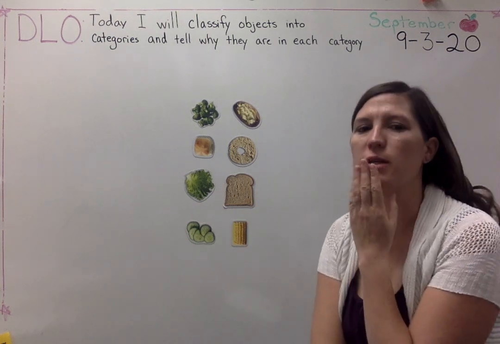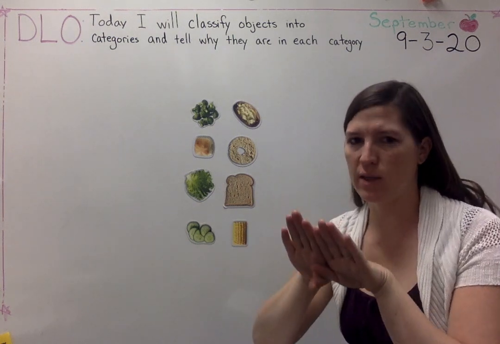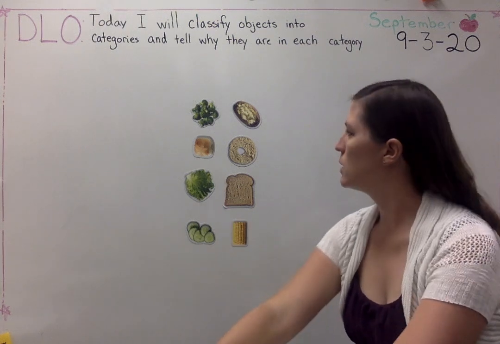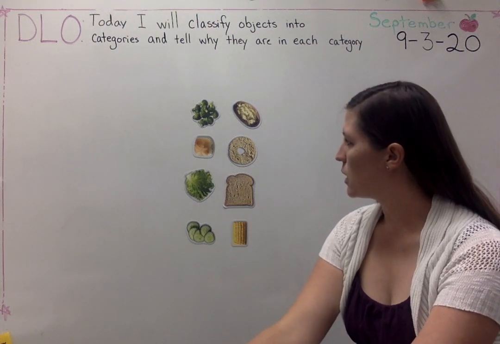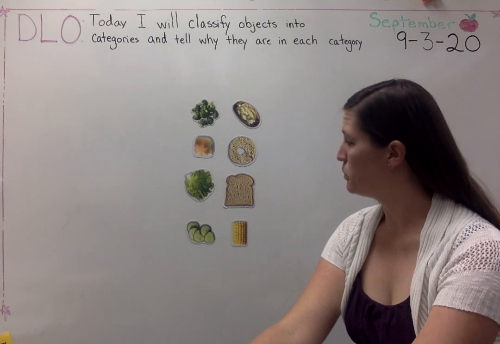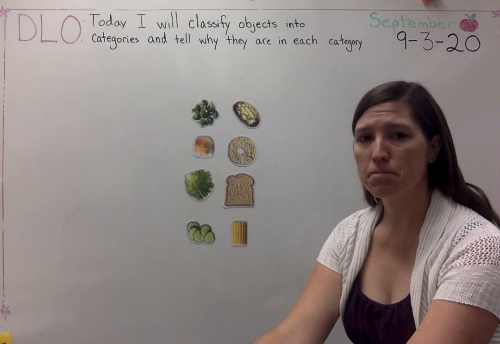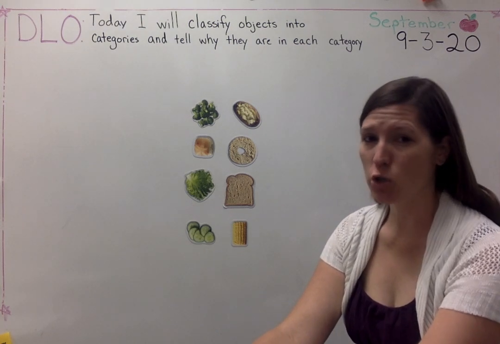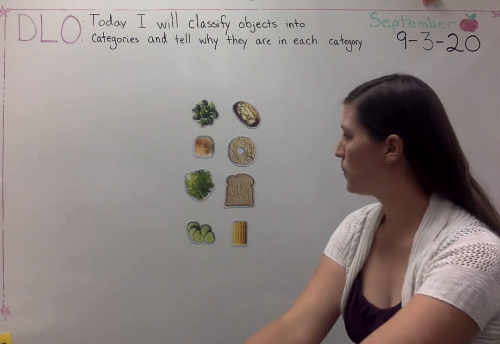Now let's look at these objects. How can we classify them? Put them into groups. Let's see. I see a couple different things we could do. What do you think? I'll show you a couple different ways we could sort this group out.